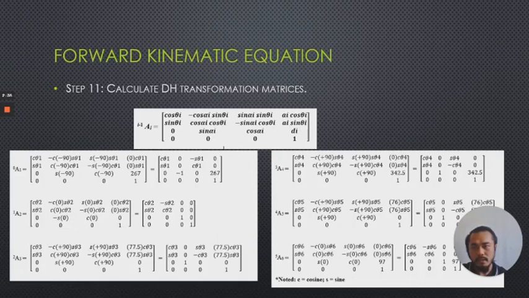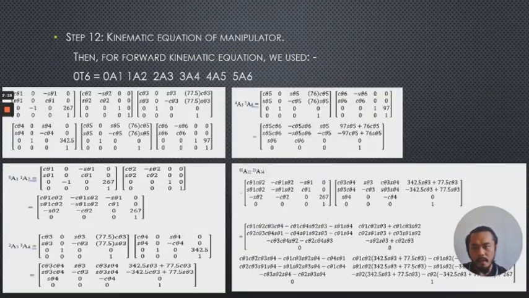Then for step 11, we calculate the DH transformation matrix, where we insert the values of the joints and get 0A1 until 5A6. And then step 12 is the kinematic equation of the manipulator.